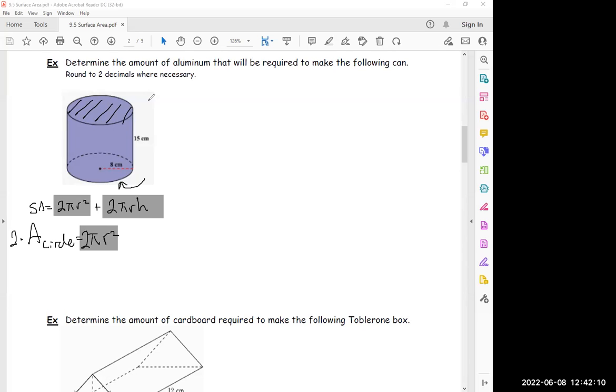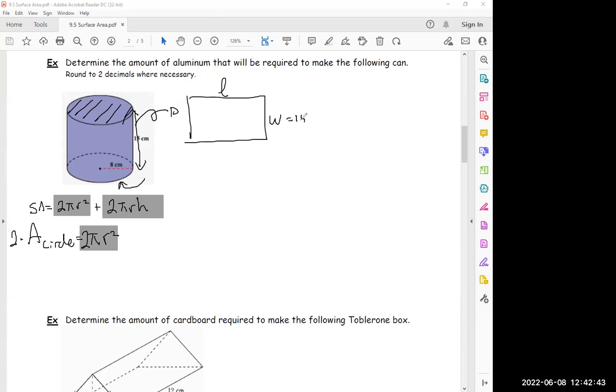What's the area of a rectangle? Length times width. In this case, do you see that the width is a 15? So what's the length? The circumference of the circle happens to be the length of the rectangle. They're one and the same. So if I turn it into a rectangle and I want length times width, the width is right here.